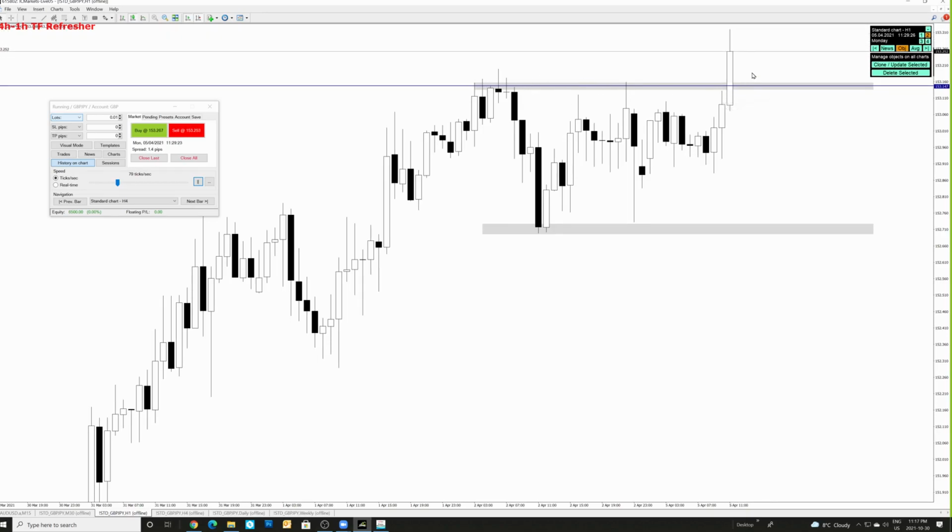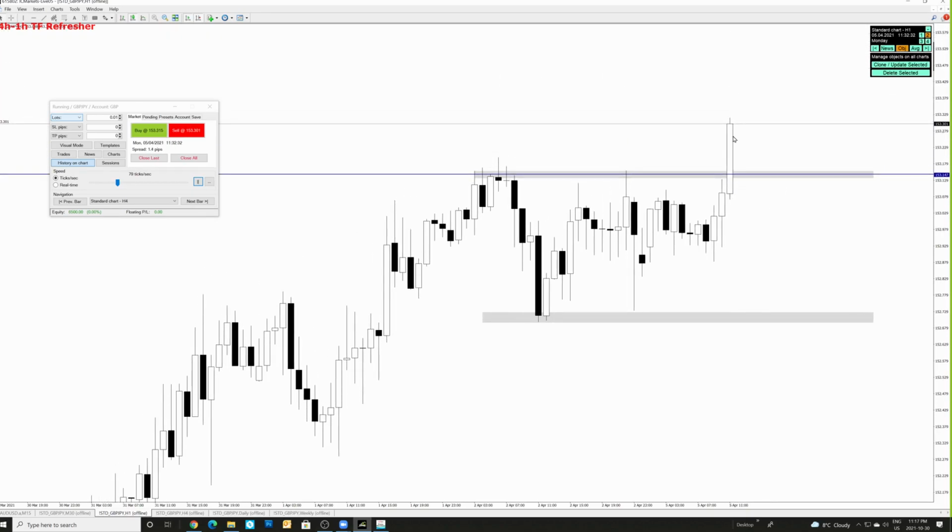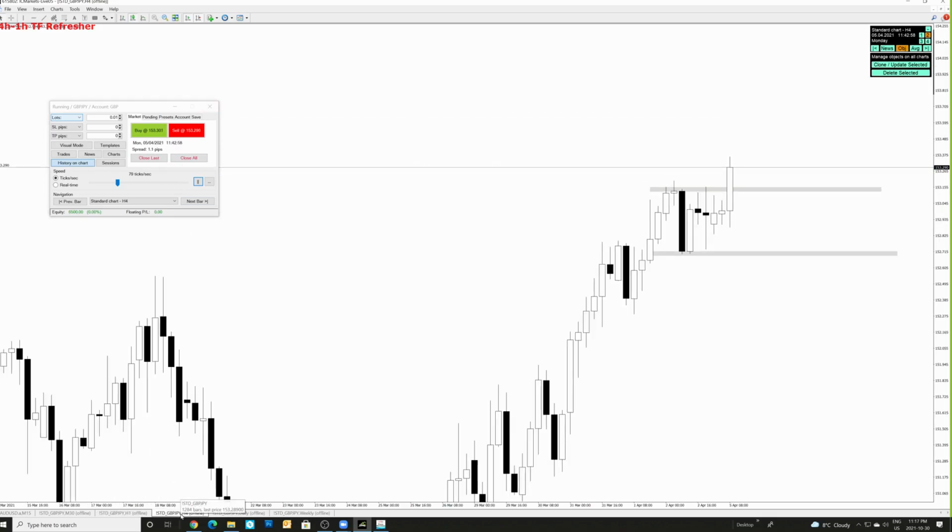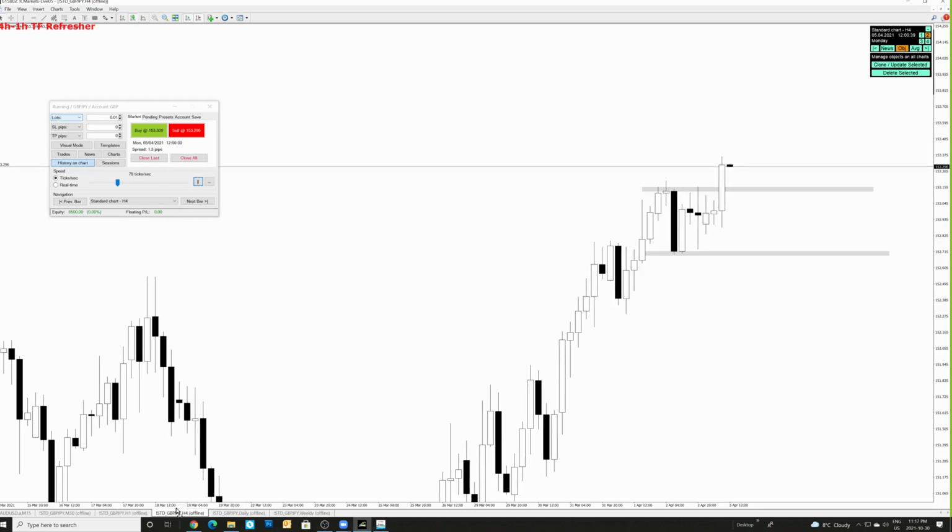We need price to break above, and then we need price to kind of come down, create support, and then continue pushing bullish. That's what we want. If this is a sustainable move, which I guess it should be.